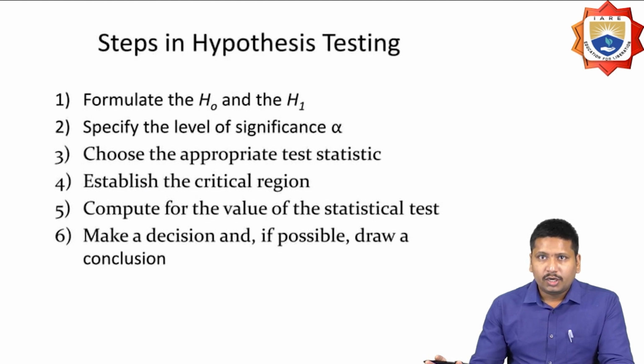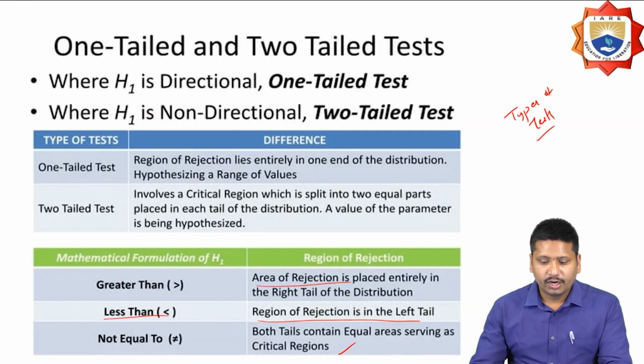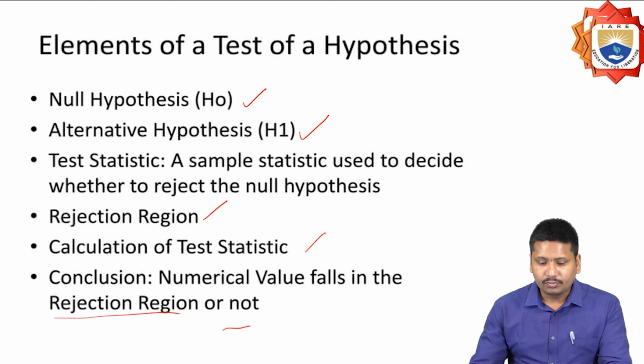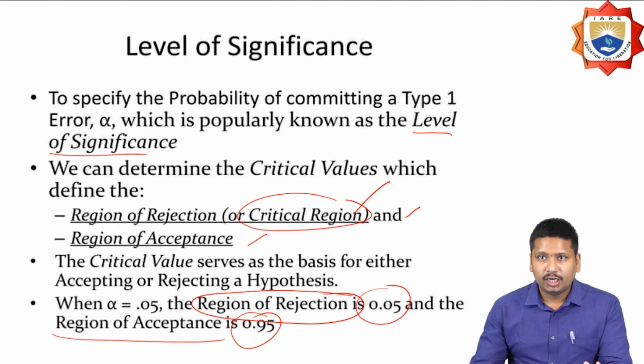The steps I defined initially, you have to formulate here. First formulate H0 and H1, then specify the level of significance, choose the appropriate test statistic, establish the critical region, compute the value of the test statistic, and make a decision whether to accept or reject the hypothesis. Initially we define H0 and H1, then consider the level of significance.